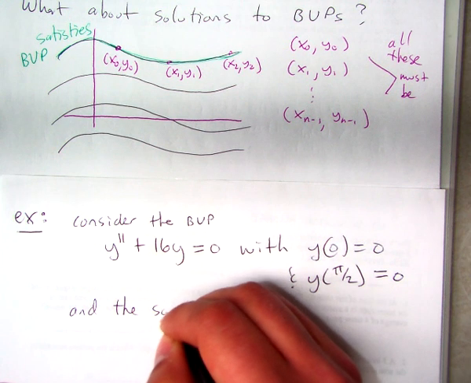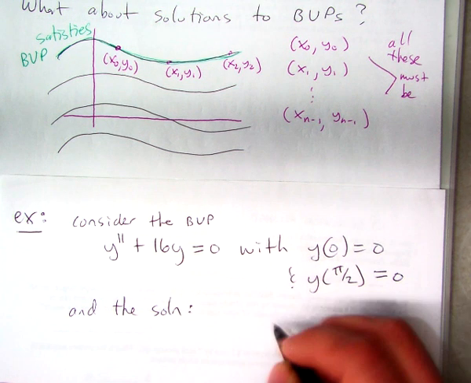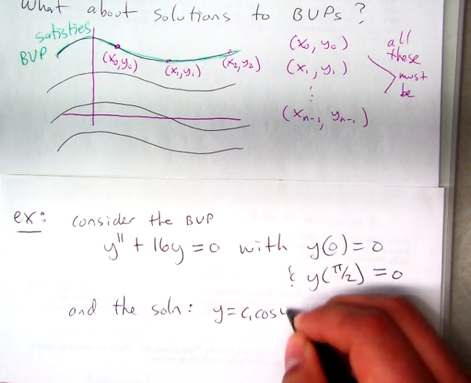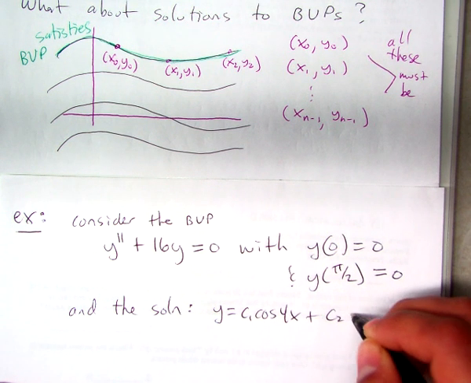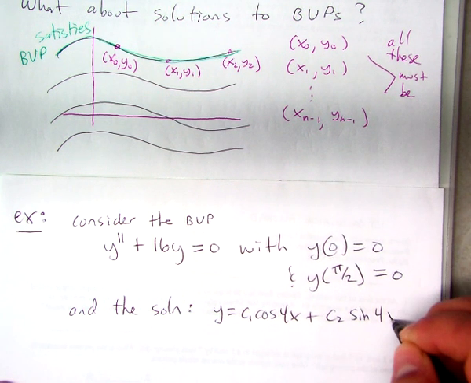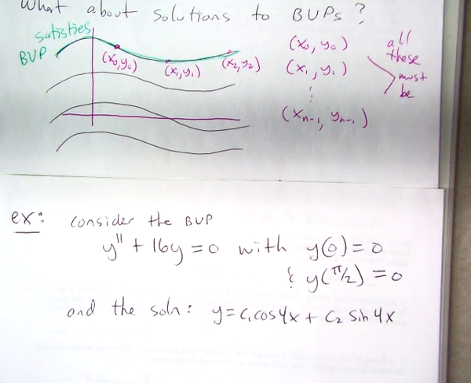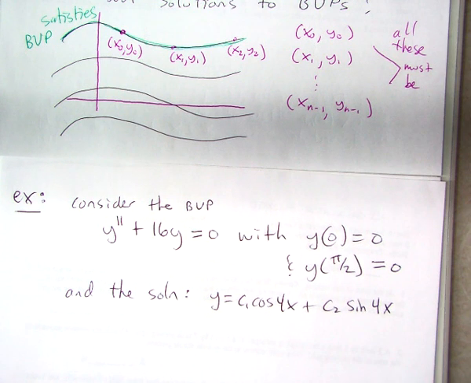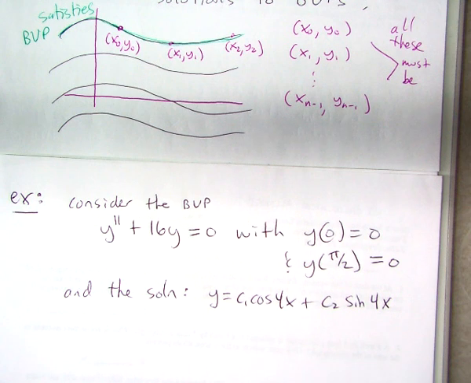And the solution, which is y equal to c1 cosine 4x plus c2 sine 4x. Okay. Let's actually go ahead and try to find these constants. So how do I find C1?